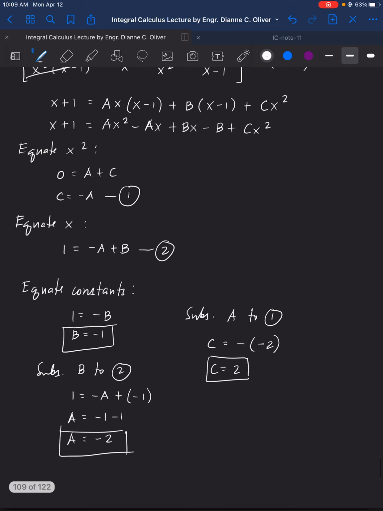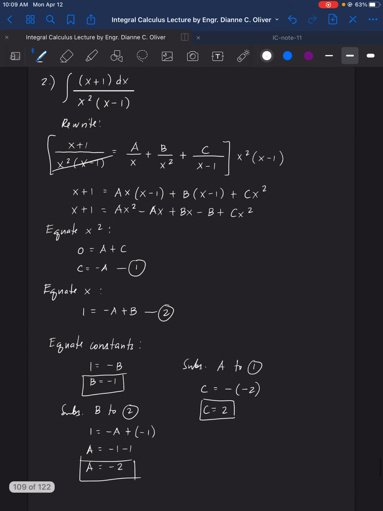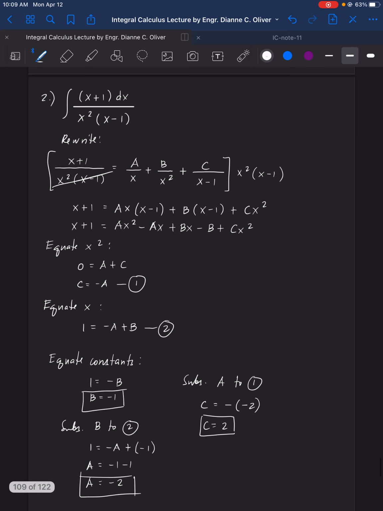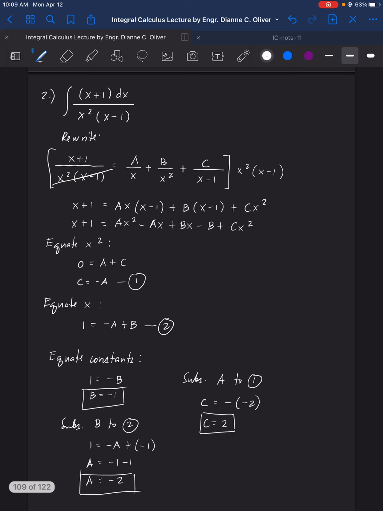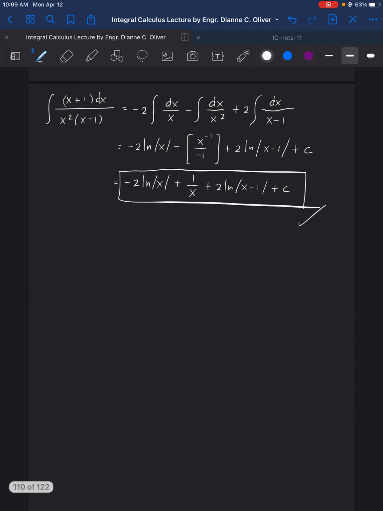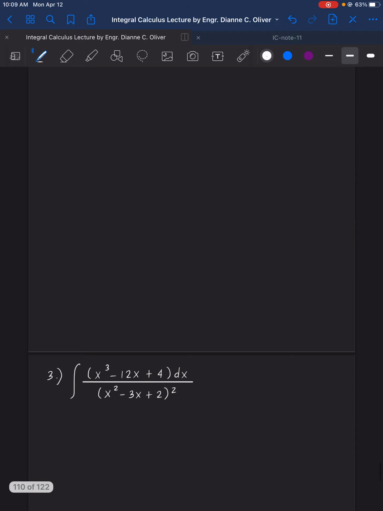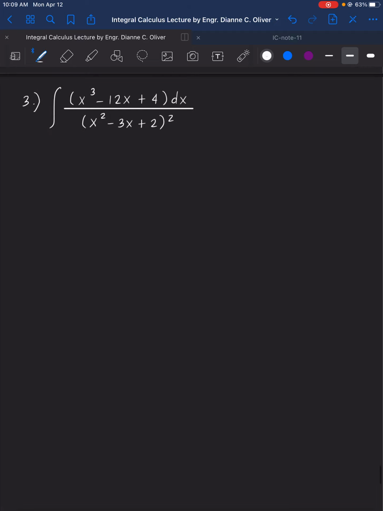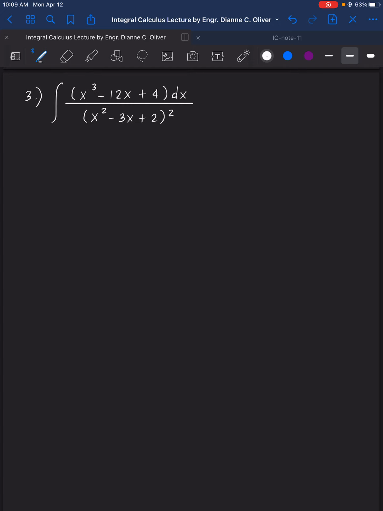So let's screenshot first before we proceed to the last example, number 3. So that is number 2. The last example, number 3.